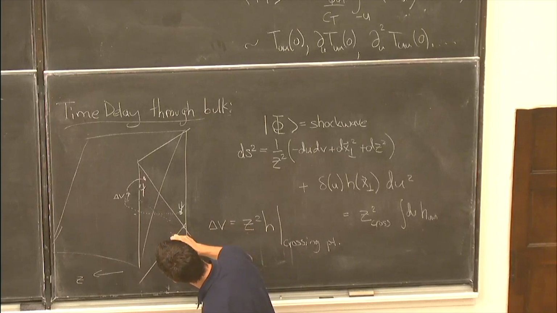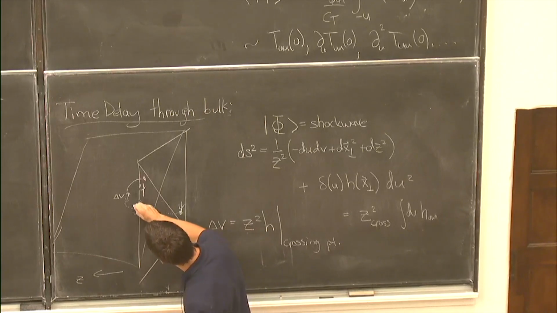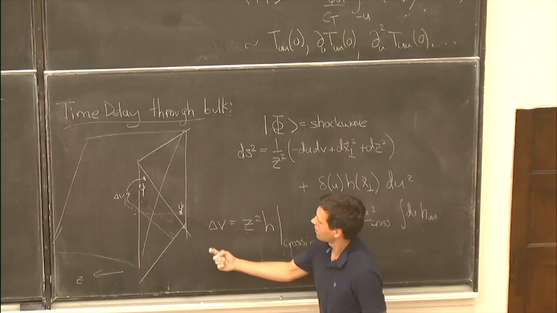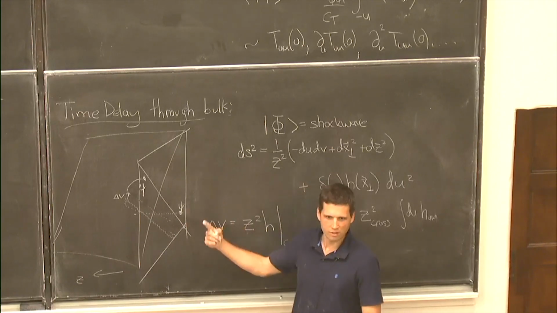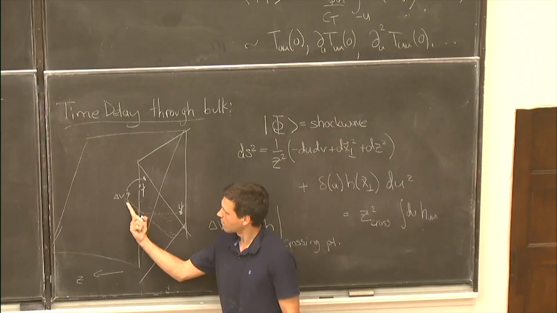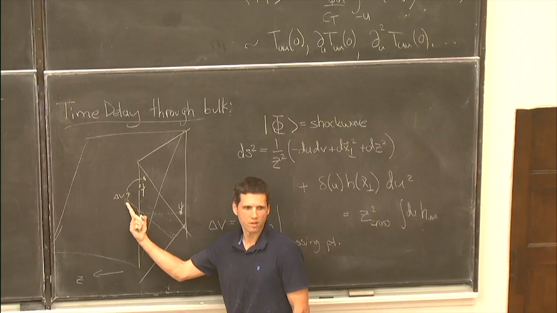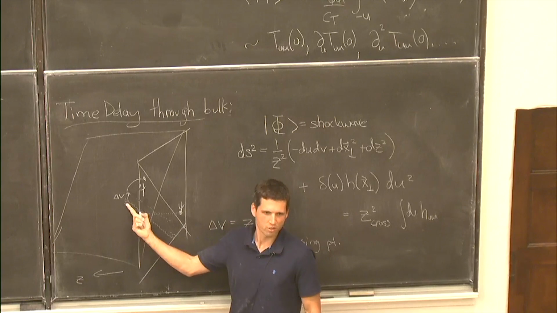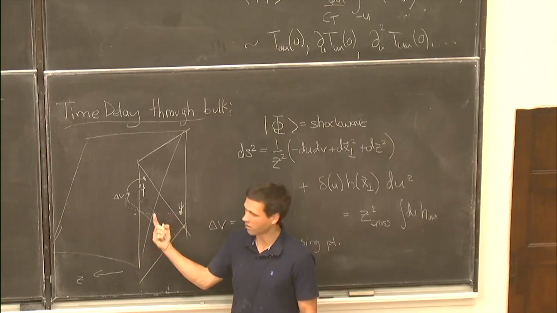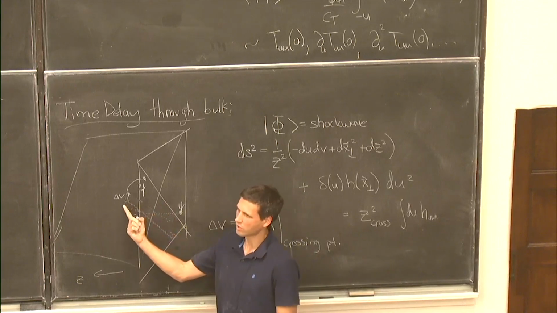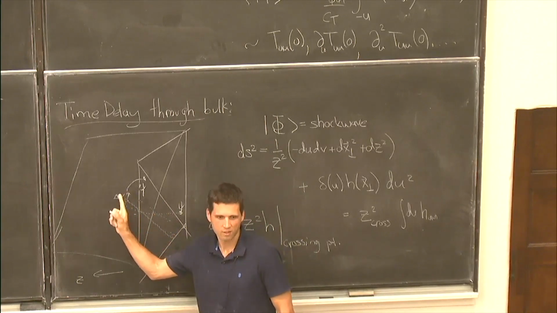So we'll send a signal on a null or slightly time-like trajectory, going up in the u direction, and it hits the shock wave at that same spot. This geodesic obeys exactly the same matching condition across the shock as the one we were just talking about. So this physical signal will experience a time delay delta v.